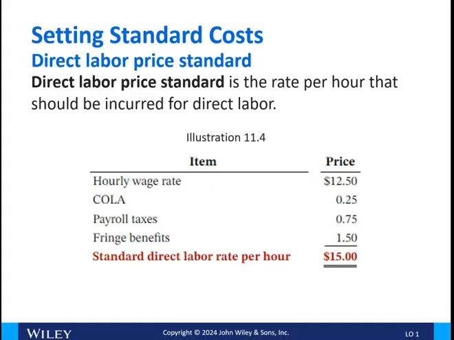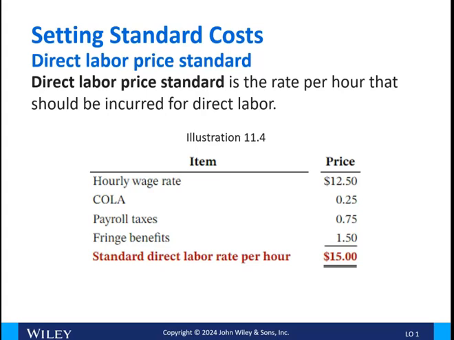Direct labor price standard is the rate per hour that should be incurred for direct labor. Okay, we've seen this before, but we've kind of just had a number out there of hourly rate, that type of thing. We'll also include cost of taxes and benefits.